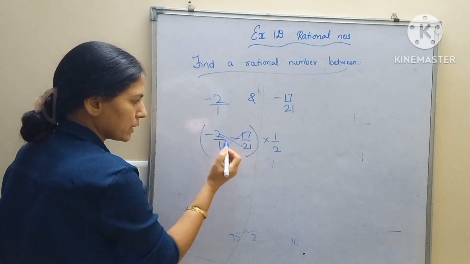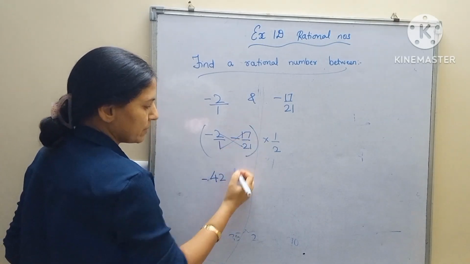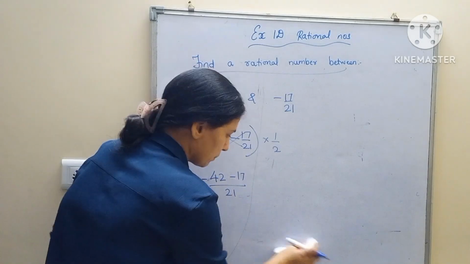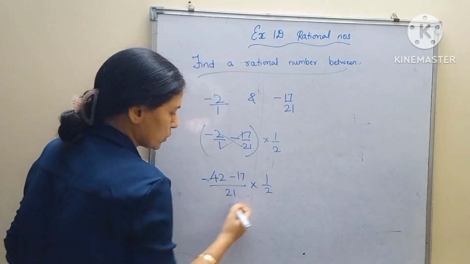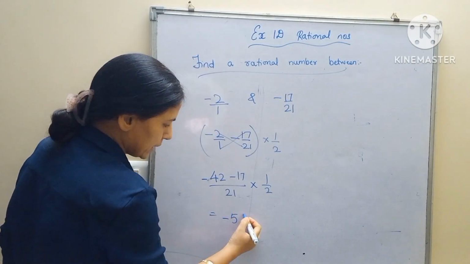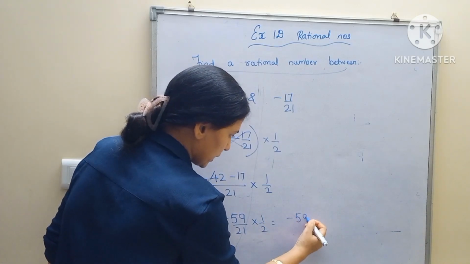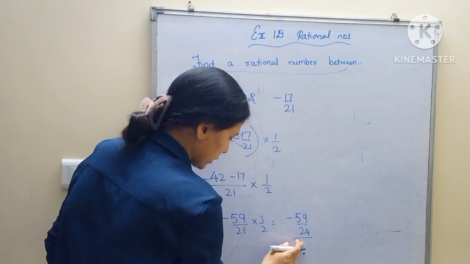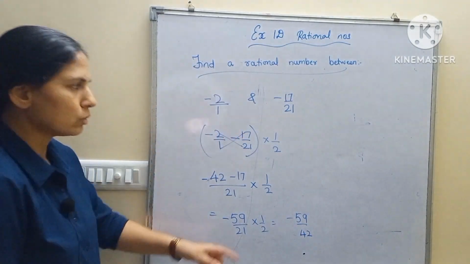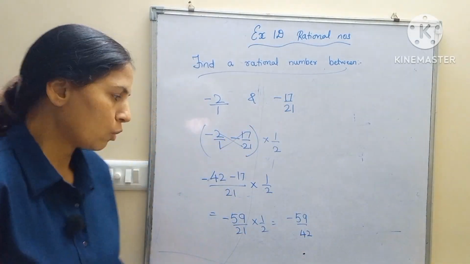Do a cross multiplication thing. 21 twos are 42 plus minus 17 ones are 17, 21 ones are 21, multiplied by 1 upon 2, which becomes minus 59 upon 21 into 1 upon 2, which becomes minus 59 upon 42. Sorry, 42. So a rational number between minus 2 upon 1 and minus 17 upon 21 is minus 59 upon 42.